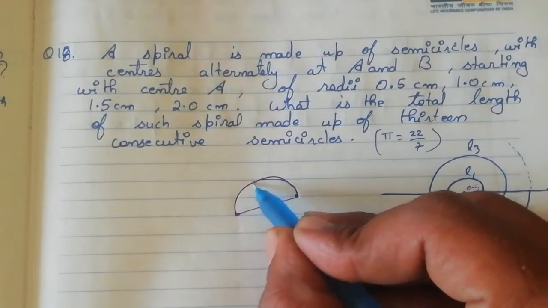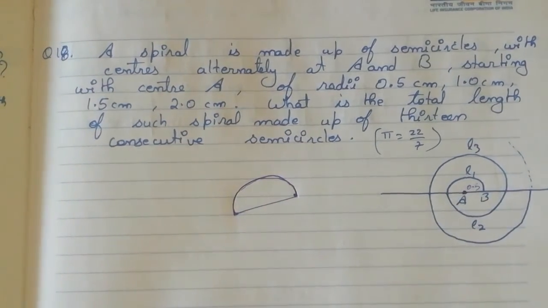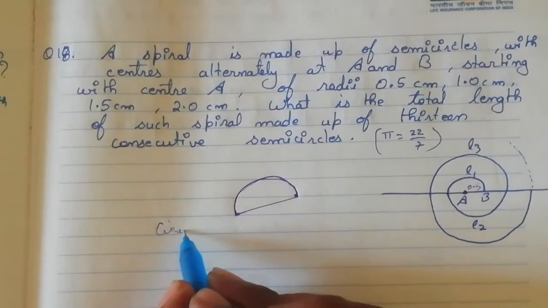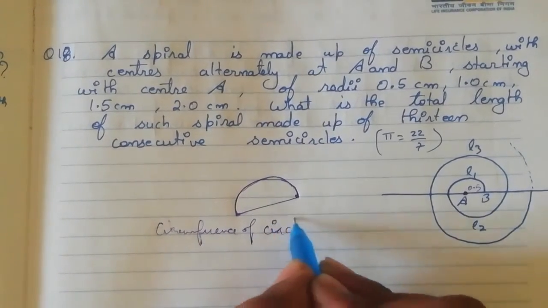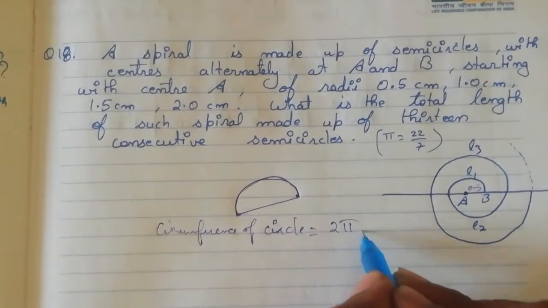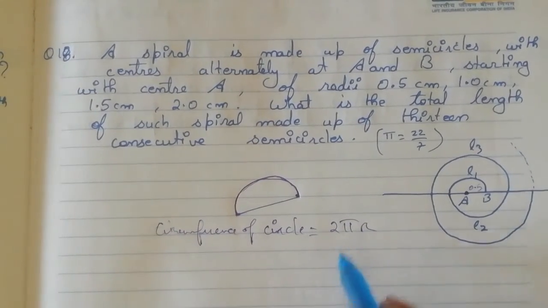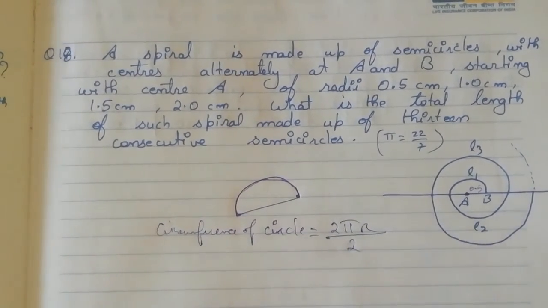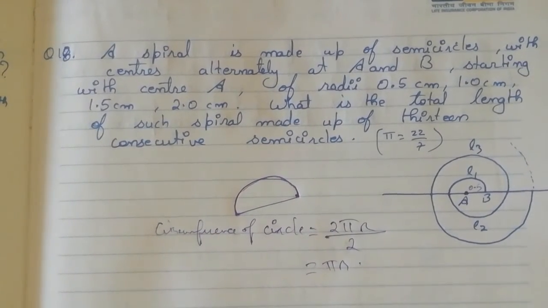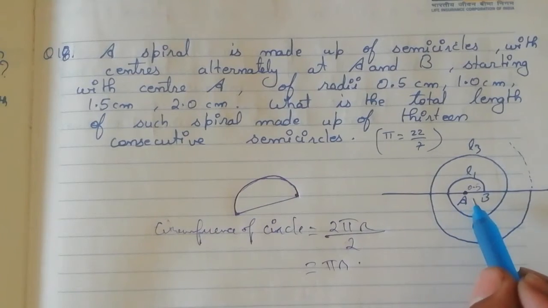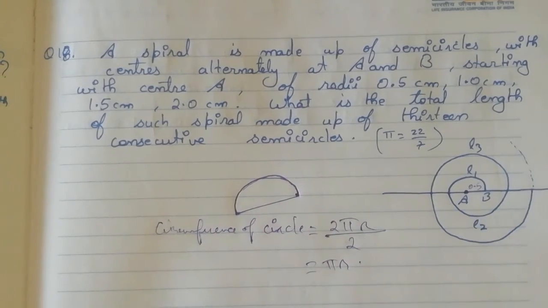So this is nothing but the circumference of a circle. The circumference of a circle is given by 2 pi r. But it is a semicircle, meaning half of a circle, so this can be given by pi r. Now for the first semicircle we have the radius 0.5.